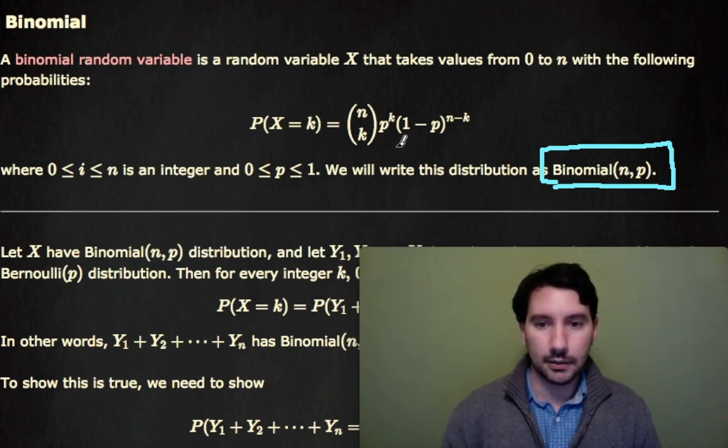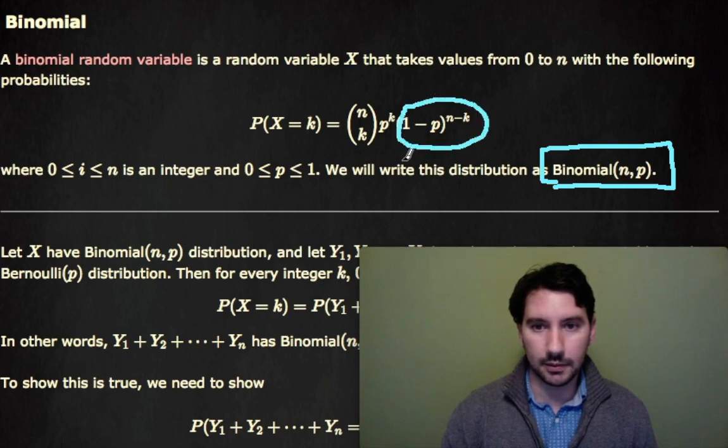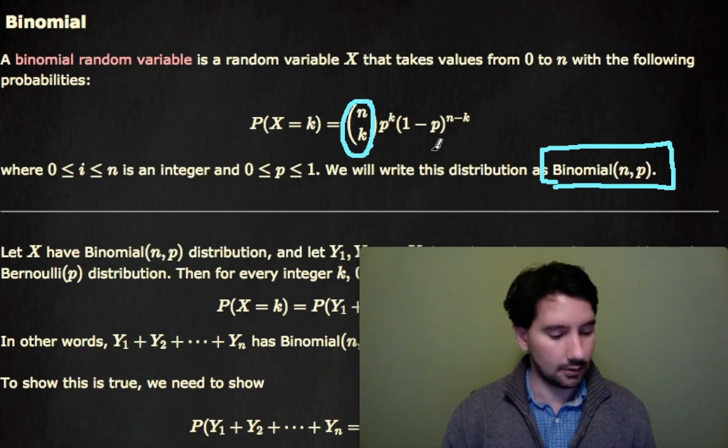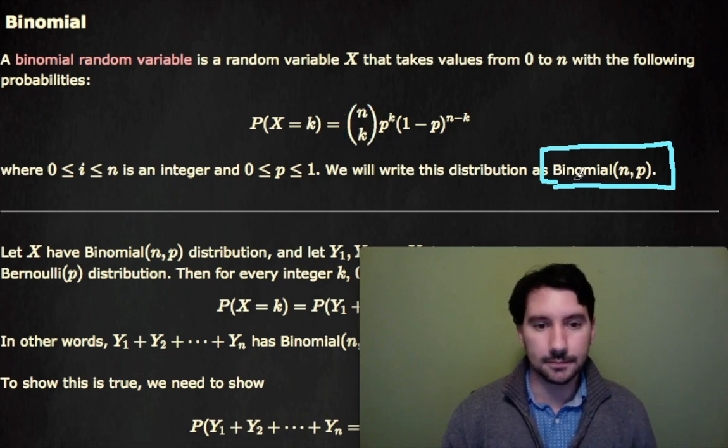So this p, the success probability, is to the k because we have k successful experiments. And then the other n minus k of the experiments fail. So there's 1 minus p to the n minus k. And any k of those experiments could have succeeded. So we have n choose k ways to choose which experiments succeed.